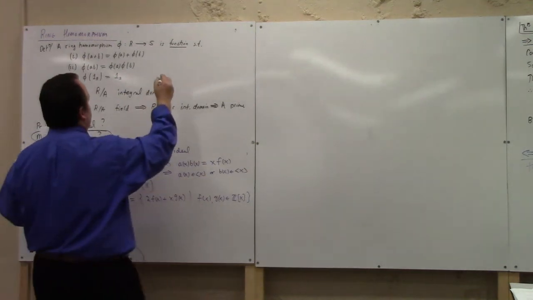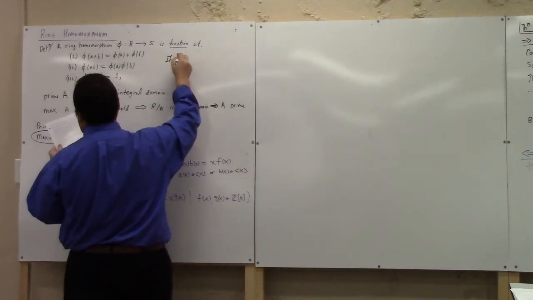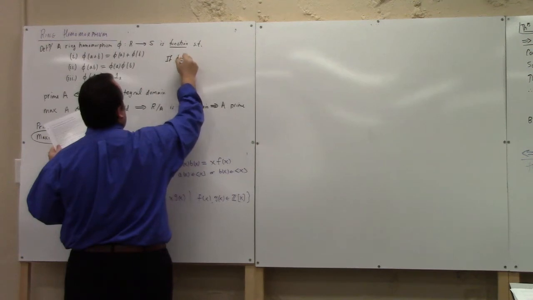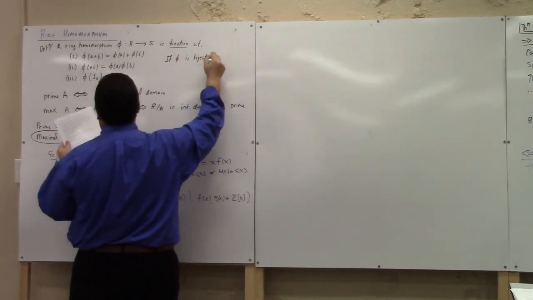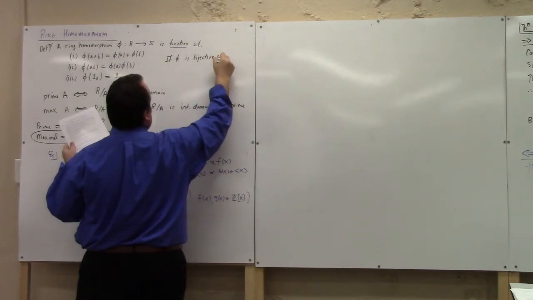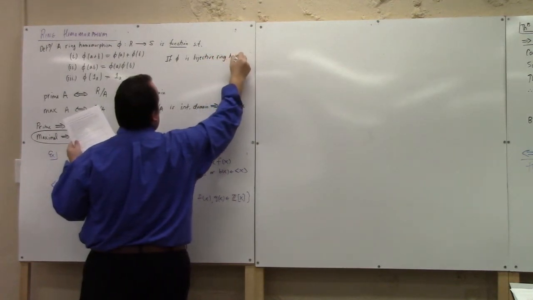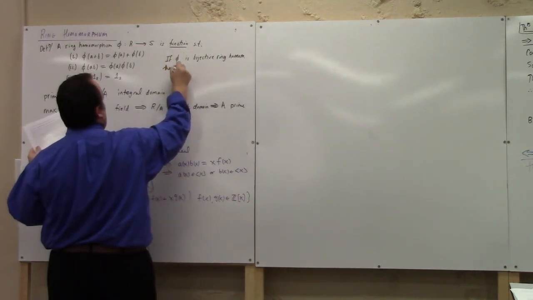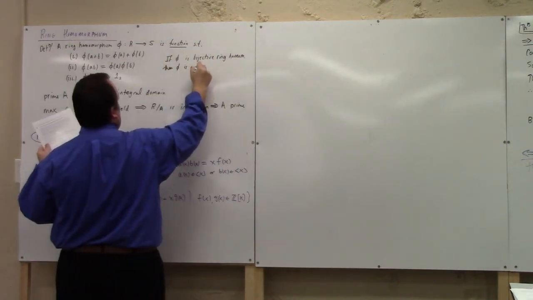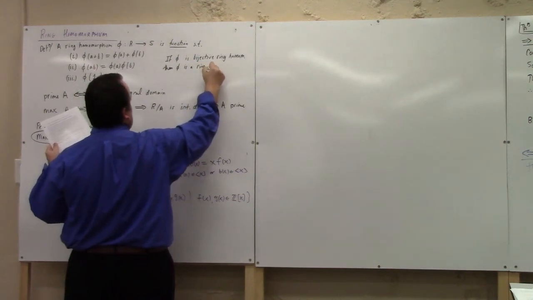If phi is a bijection, a bijective ring homomorphism, then phi is a ring isomorphism.